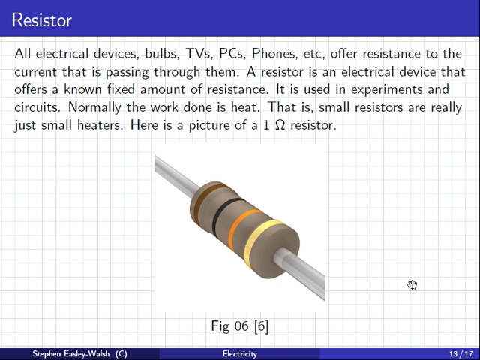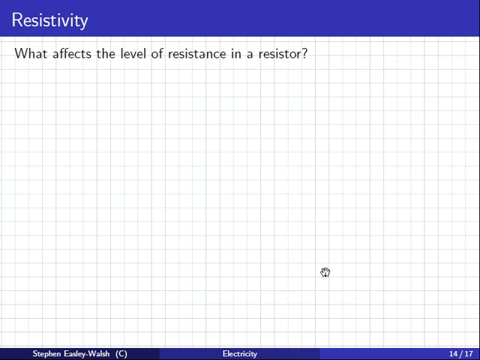But with these resistors, they're obviously different. We might wonder what would affect the level of resistance. If you were to look at this resistor, what things might affect how much resistance there is? Would the length of it affect it? Yeah, possibly. So let's talk about it. What things do you think might affect it? So we said the length.